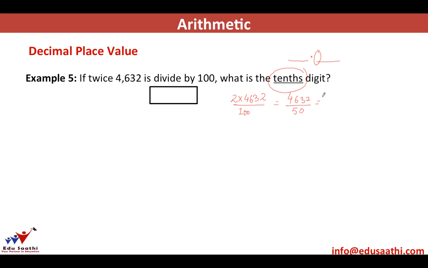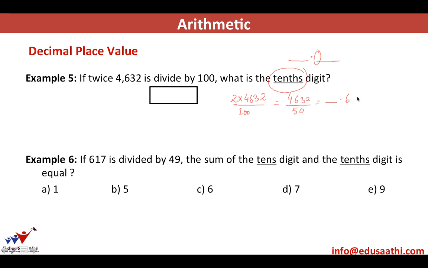So if you use the calculator and solve 4632 divided by 50, the answer that you land up with would be the answer that you want. You solve this number, this comes out to be 6. So the answer for this question would be 6.